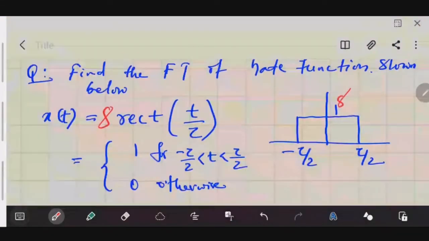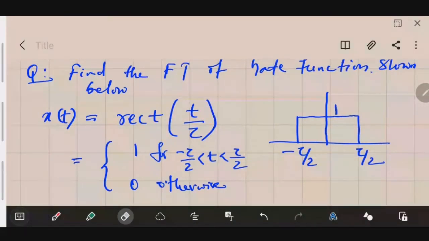Sometimes you may get questions like this, or they may say it is a gate function of amplitude 8 volts and width 10 seconds. If they tell you its width is 10 seconds, it will be from minus 5 to 5 seconds. Did you get it? What is a gate function?